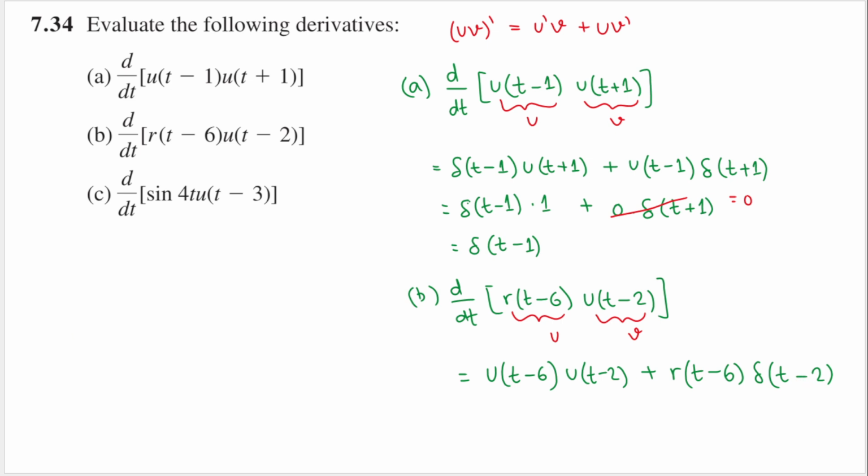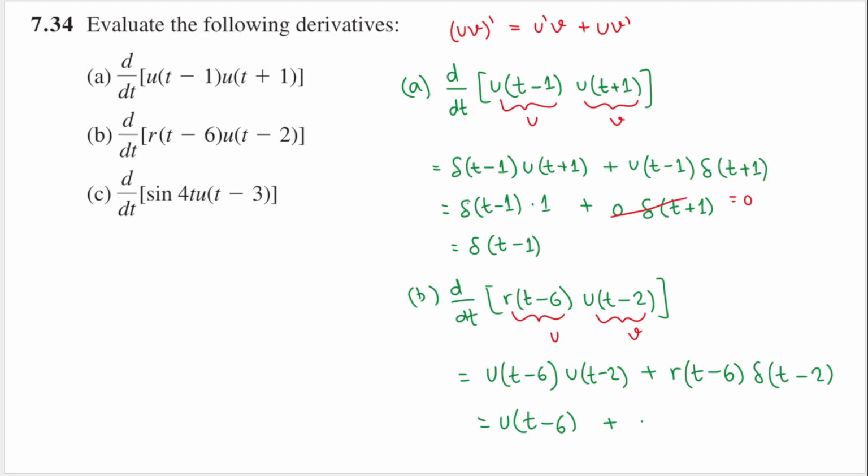Okay, now what can we do from here? Remember that between 2 and 6, the value of them will be 0, right? Because before t is equal to 2, this will equal 0. Between 2 and 6, this will equal 1, but this is still equal to 0. But then when t is equal to 6, this will be 1 and this will be 1. So the left term will be equivalent to u(t minus 6). On the right part, we only care about t equal to 2, because any other part of it will be 0.